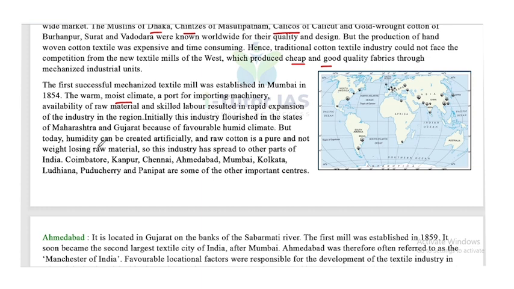But today, humidity can be created artificially and raw cotton is pure and not a weight-losing raw material. So, this industry has spread to the other parts of India. Coimbatore, Kanpur, Chennai, Ahmedabad, Mumbai, Kolkata, Ludhiana, Pondicherry, and Panipat. These are some other important centers.